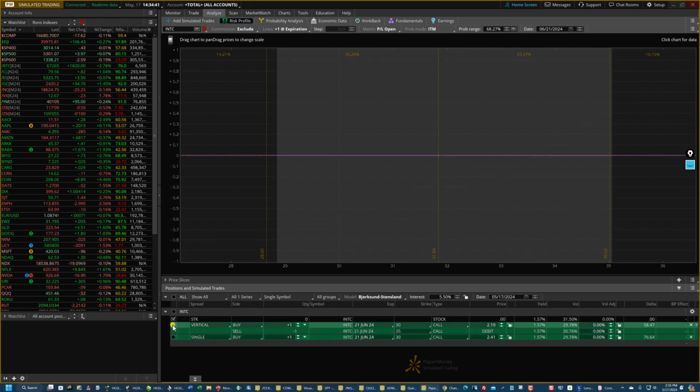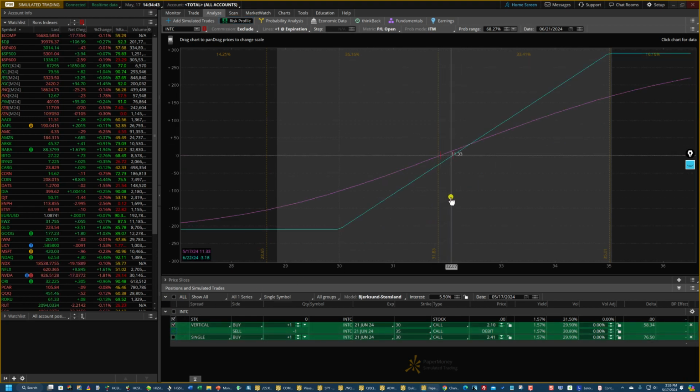If I deselect this and go back to the vertical, I have to get to 32.11. But if I rode it to expiration and if it closed at 31, you look at the cyan line, I'd be down over to the left, I'd be down $108.